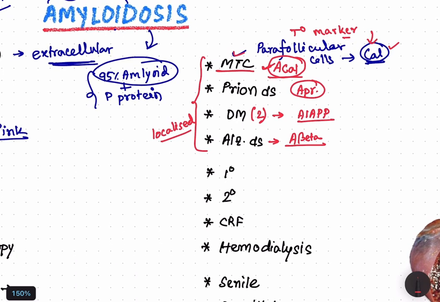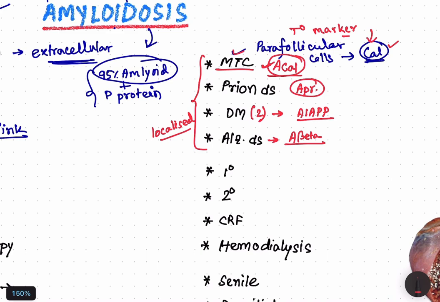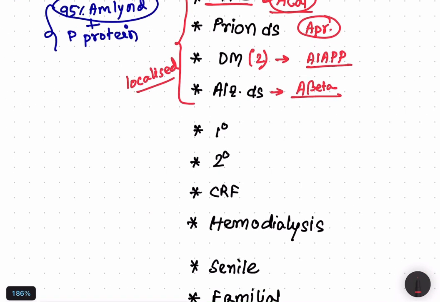Let us talk about the primary and secondary amyloidosis. What is primary amyloidosis? Primary amyloidosis is the most common type of amyloidosis, and here the amyloid protein is combined with the light chain.